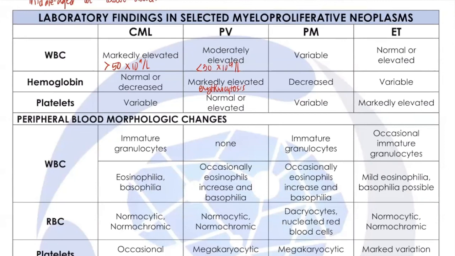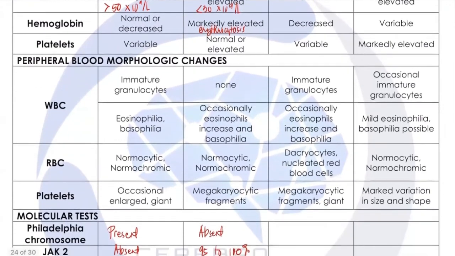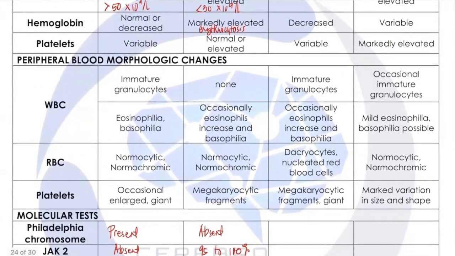Of course, since there is myelofibrosis, immature granulocytes are present in the peripheral blood smear. Occasionally, there will be increase in eosinophils and basophilia. The red blood cells will exhibit dacrocytes. This is something to take note: the presence of teardrop cells in the case of myelofibrosis, and megakaryocytic fragments and large platelets might be found also in the PBS.